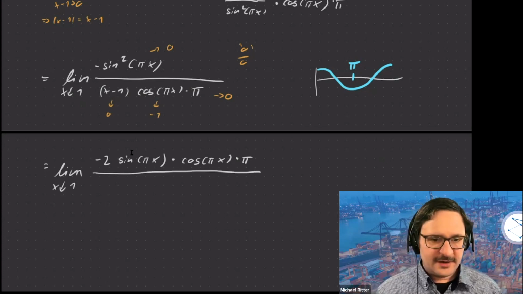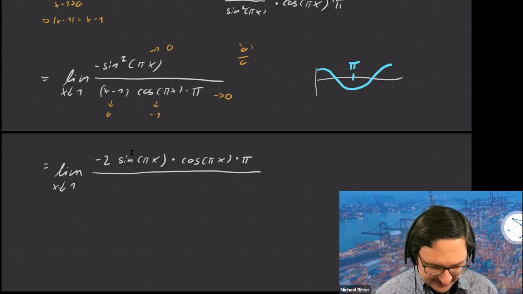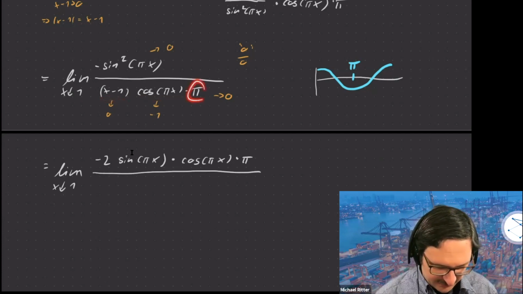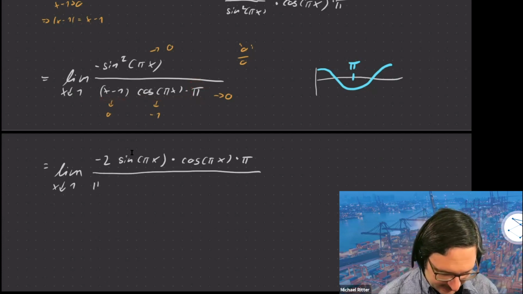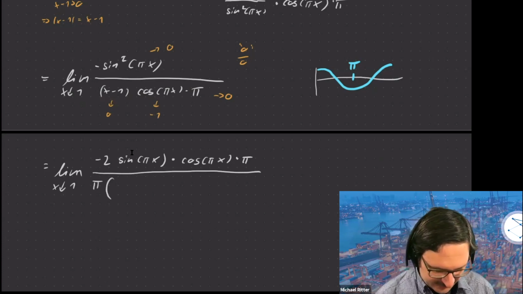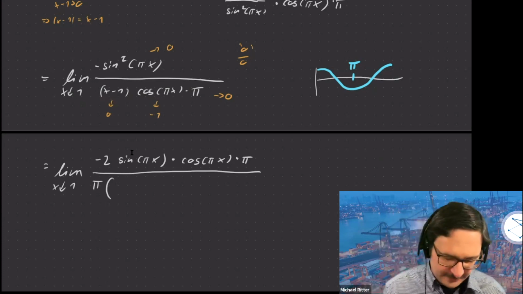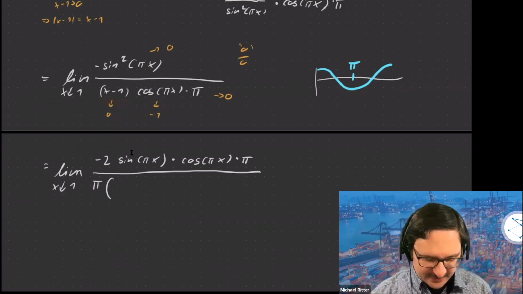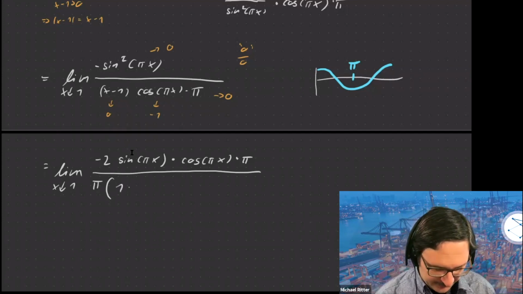And for the denominator, let's see, we have a product of two functions plus that constant of pi here. So you can just take the pi outside. Do not have to worry about that one. Then we start by differentiating this expression here. So the derivative of x minus 1, that is just 1, times that cosine function.